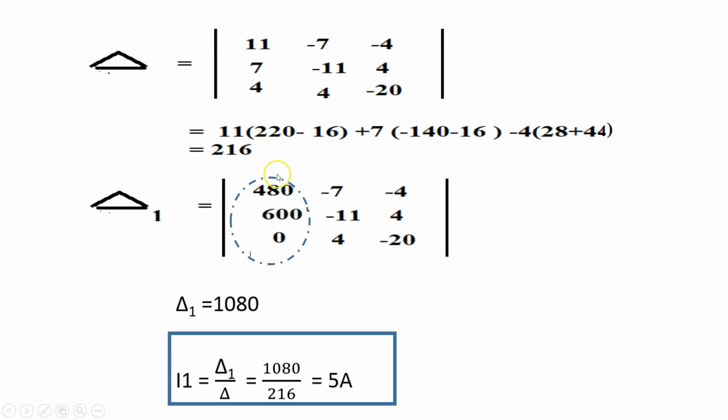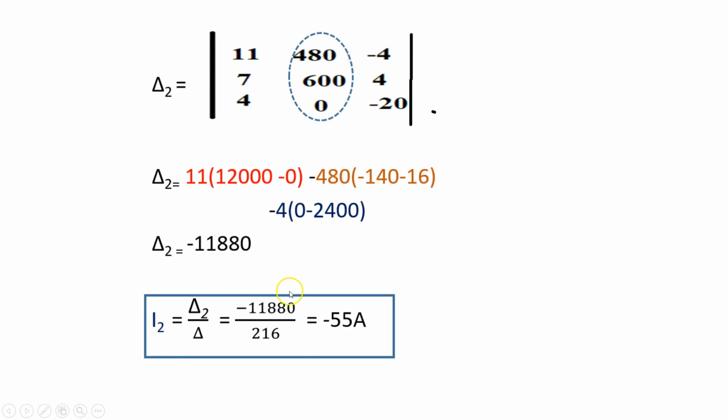You will get 216. For delta 1, the first column you will be replacing with the constant terms, that is the voltage term, and you will get the answer as 1080. And I1 will be delta 1 divided by delta. So it will be 5 ampere. Delta 2 means the second column will be replaced by the constant term. You will get the answer minus 11,880.